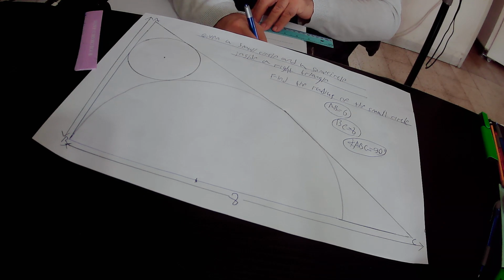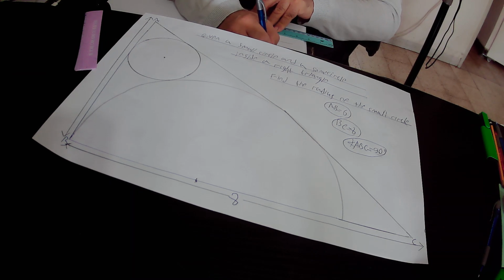So AC square must be equal to AB square plus BC square. AC is the missing side, so we leave it as it is.